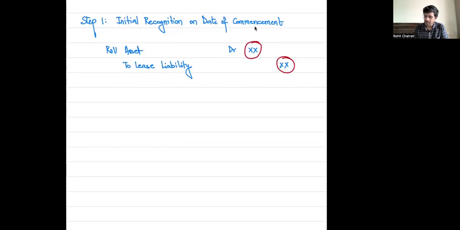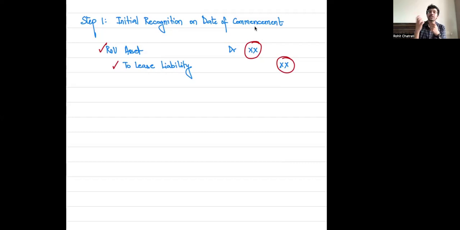Now let us quickly understand why Ind AS requires us to record right of use asset and lease liability. The lessee has taken an asset on lease, and therefore has a right to use the equipment for the next 3 years.